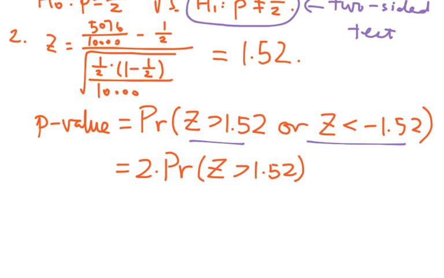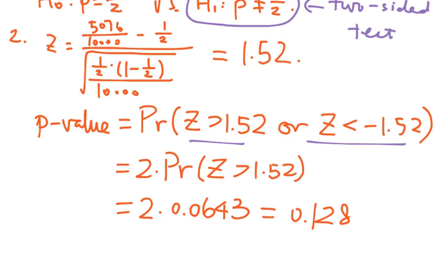And then this is equal to, by using your calculator or by using the normal table, 2 times 0.0643, and this is equal to 0.1286. Okay, so this is the result for the p-value, and this is the result for the z-test statistic.